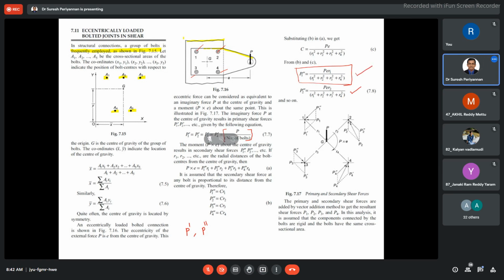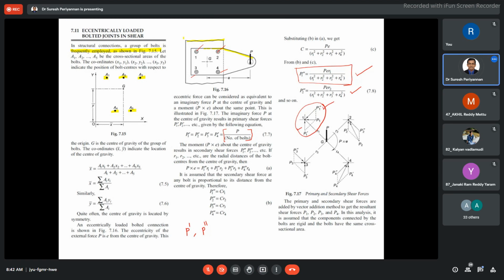Once we have found the two shear forces, we have to find the resultant force in bolt 1, resultant force in bolt 2, like that. This one is due to primary shear, and this is the secondary shear of bolt 1.